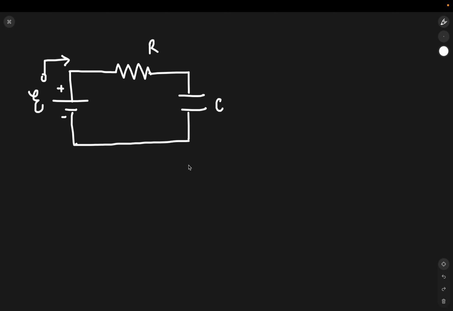In this video, I wanted to explain how to derive the charging equation for an RC circuit. This is done by first utilizing the loop law, or Kirchhoff's loop law.